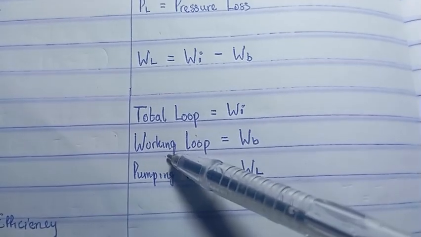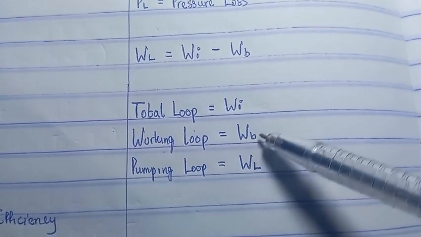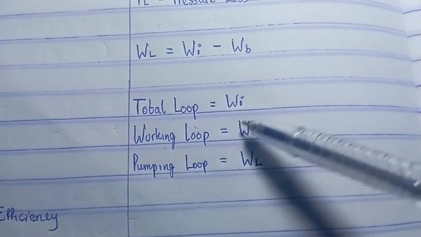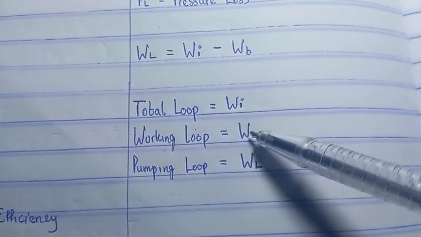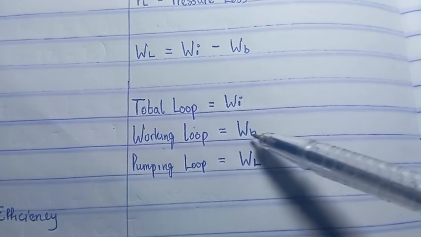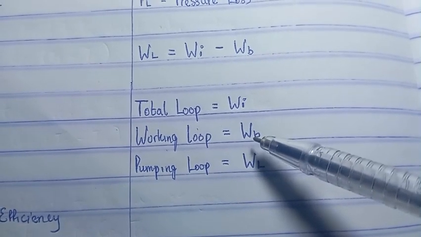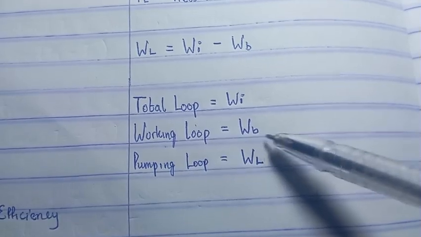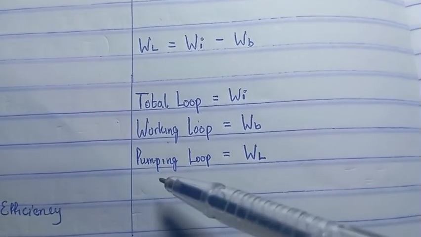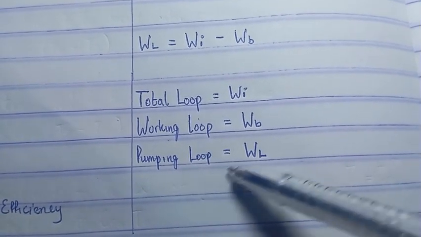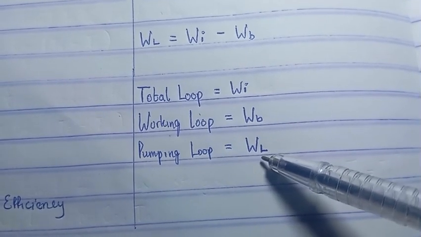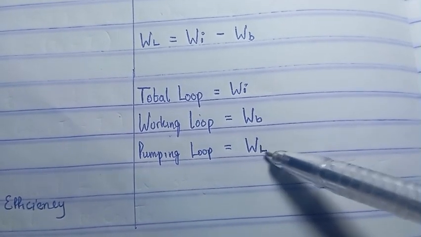When they are talking about working loop, we are talking about your brake power and your brake pressure, the brake power loop. So if they say the pressure in the working loop, we are talking about your Pb, your brake pressure. If they are talking about your pumping loop, you're talking about the loop in losses. If they say the pressure in your pumping loop, that is your pressure loss.